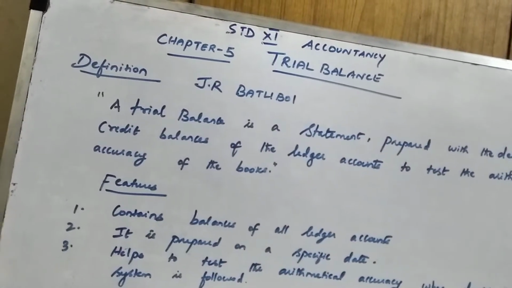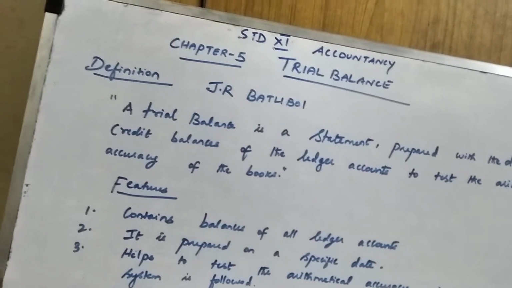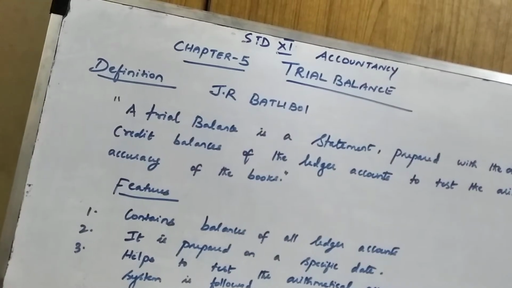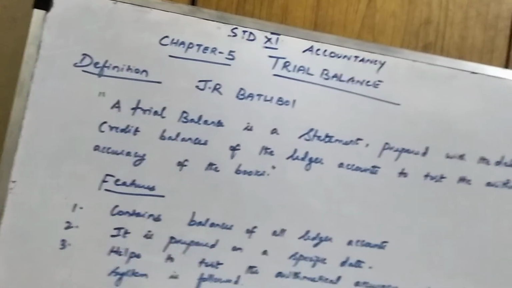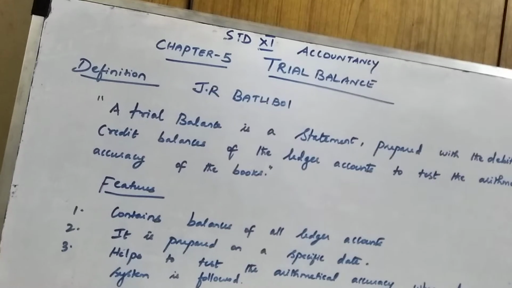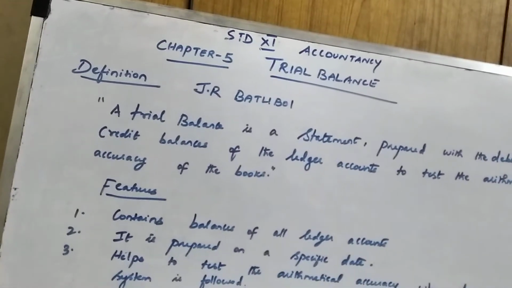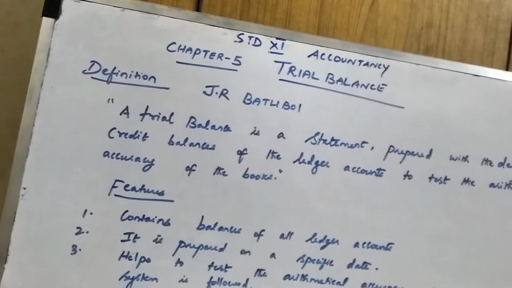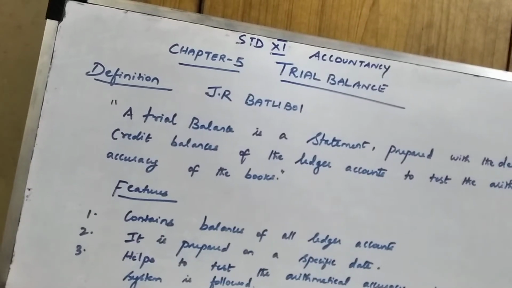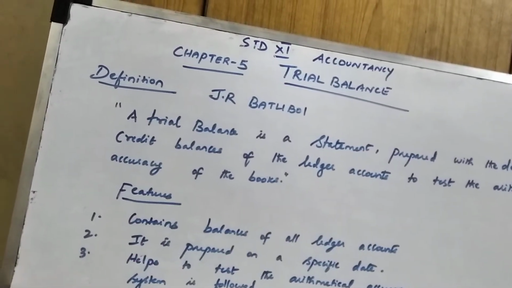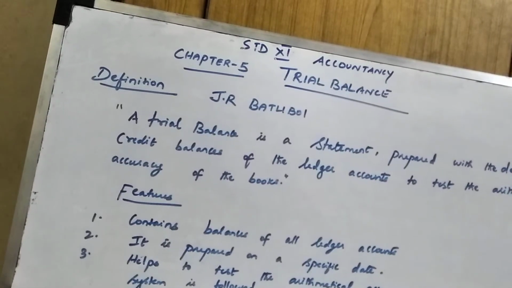You list down all the ledger accounts and put the amount in the respective debit or credit column as per the nature of the account. And then at last you have to add up the total of the debit column and the total of the credit column. Both the columns should be equal.